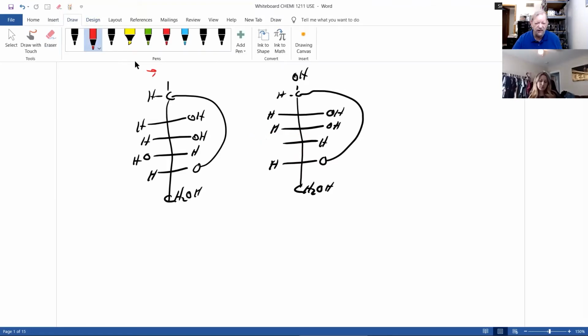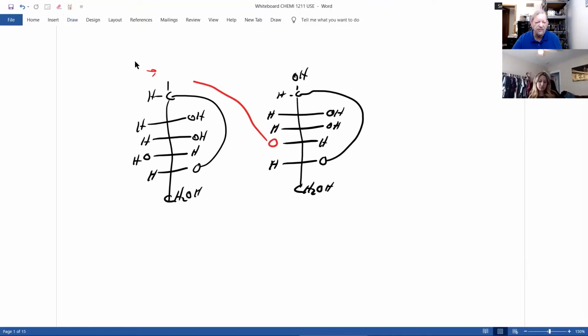And what you see is this. Now, I have a glucose bonded to another glucose. And this is an acetal linkage, or bond, or linkage, as I like to say.